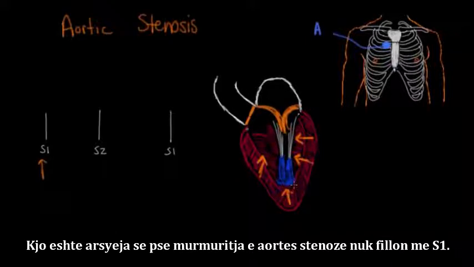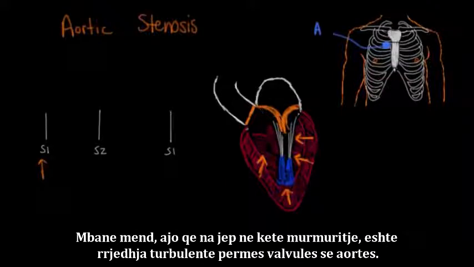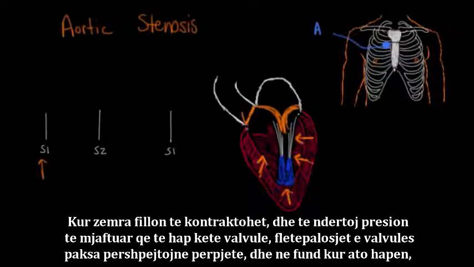That's the reason an aortic stenosis murmur doesn't start with S1. There's a small time period, like milliseconds, between the closing of the mitral valve and when the aortic valve actually opens. And remember, what gives us that murmur is turbulent flow through the aortic valve. When the heart starts contracting and builds up enough pressure to open this valve, the leaflets will accelerate upwards.